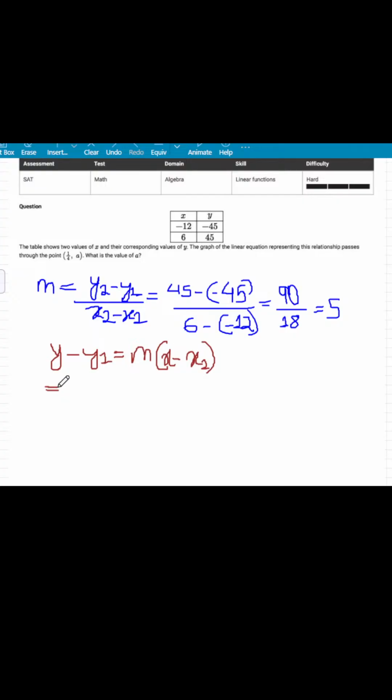So that will become y minus 45, using the first point. So y minus 45 is equal to 5, m is equal to 5, multiplied by x minus x1, which will be minus 12.